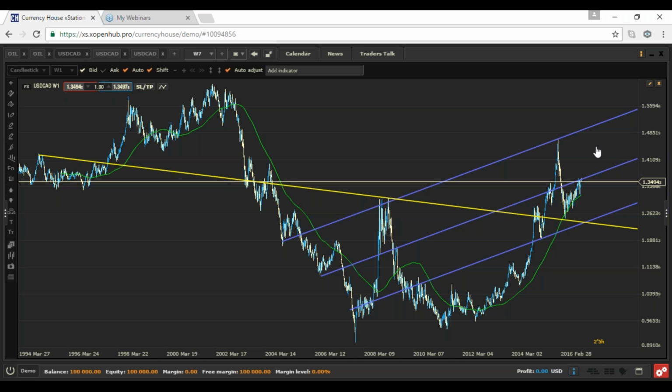So technically we see here an attempt to break this middle blue line, and in case the prices show sustainable break of this line, we definitely will see the continuation and even acceleration of the uptrend.